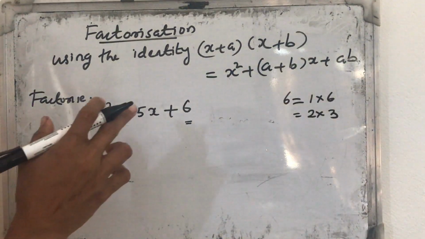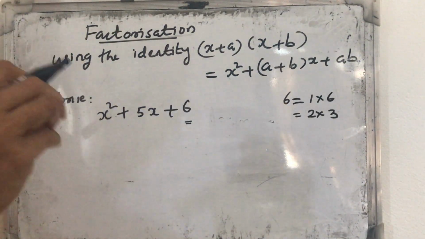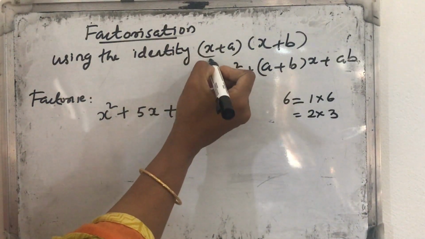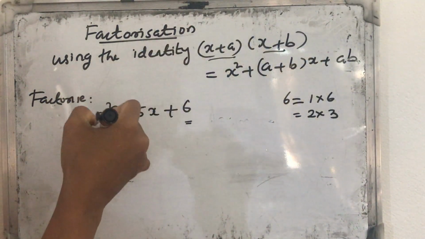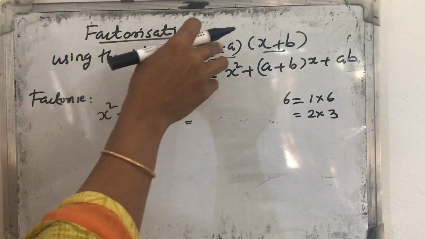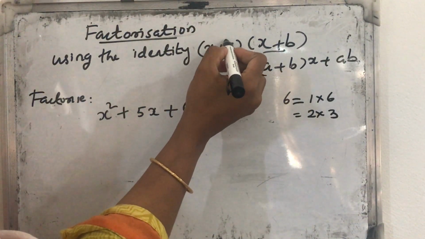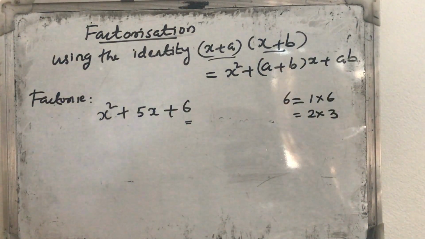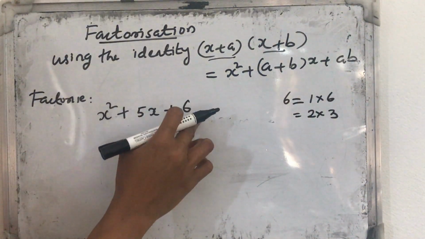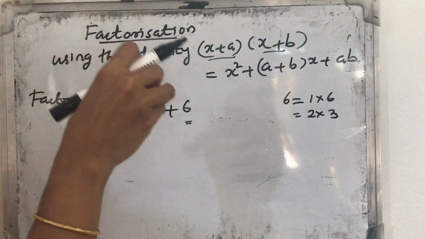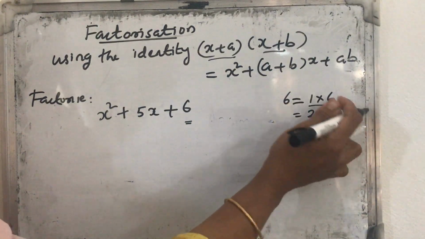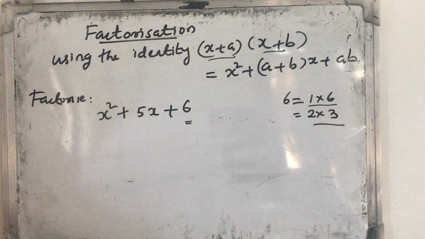Here we want to write the expression in the form (x + a)(x + b), so we need to find two numbers a and b. We take the constant number 6 and think about its factors: one set is 1 into 6 and another set is 2 into 3.